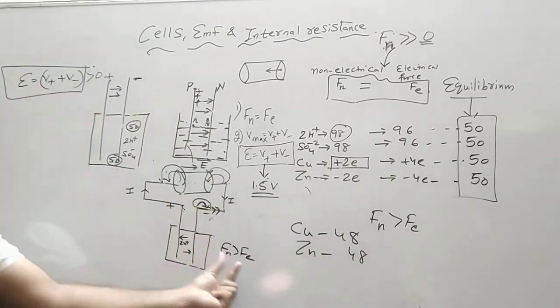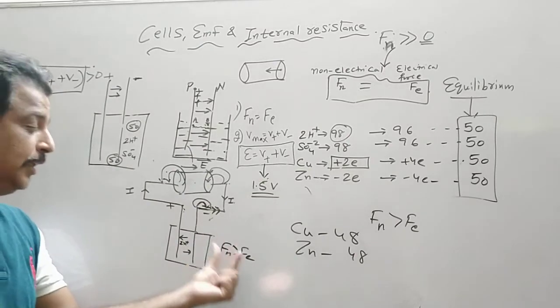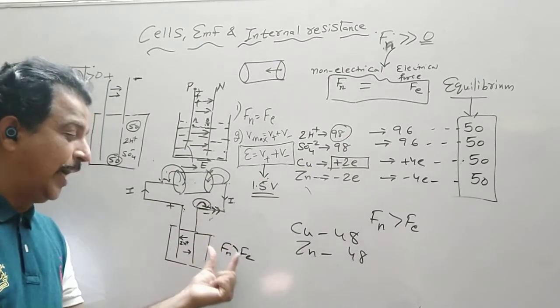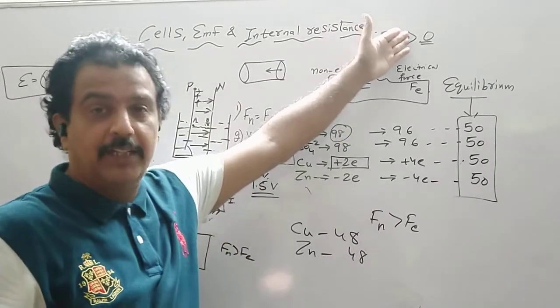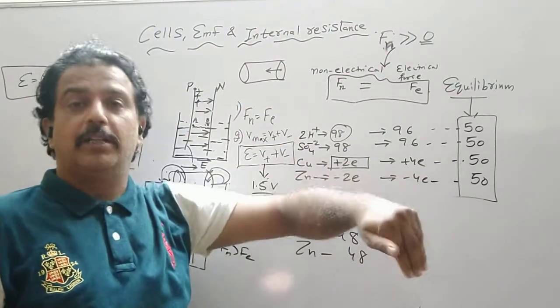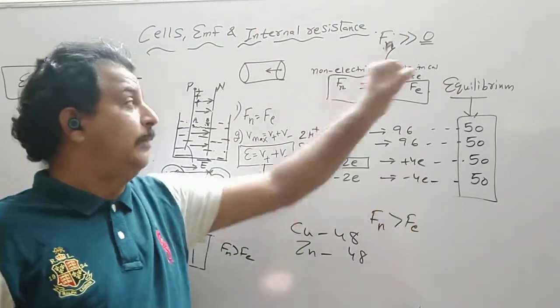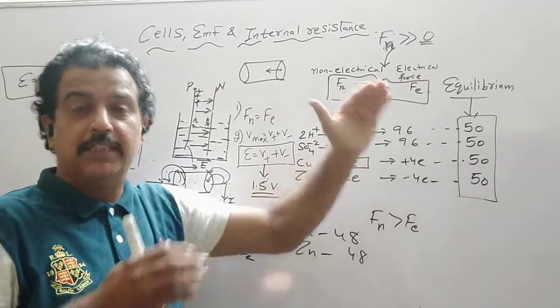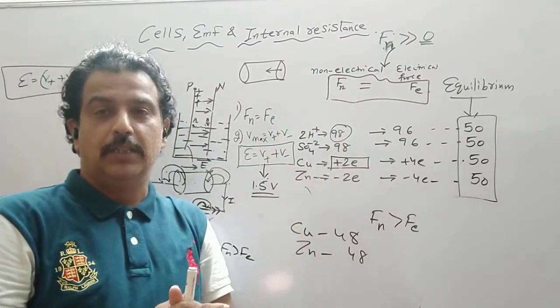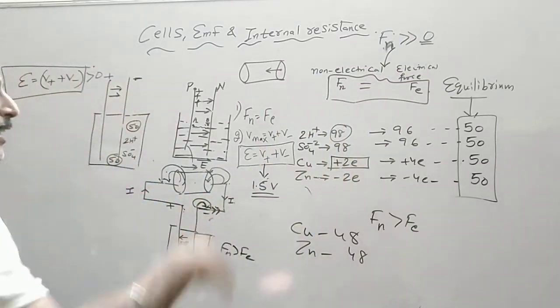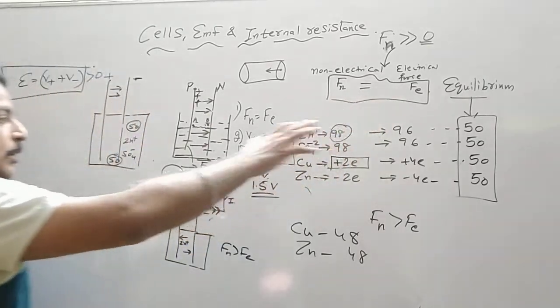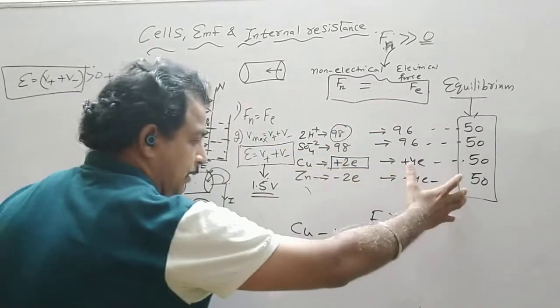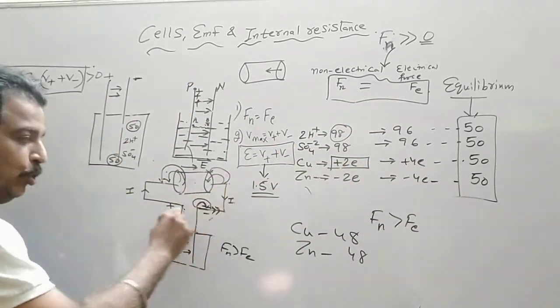So Fn is again greater than Fe, but not as strong as it was earlier when the rods were immersed. At that time its chemical force was very strong, and then it becomes equal. So everything stopped. Now we connected it, it is a closed circuit.